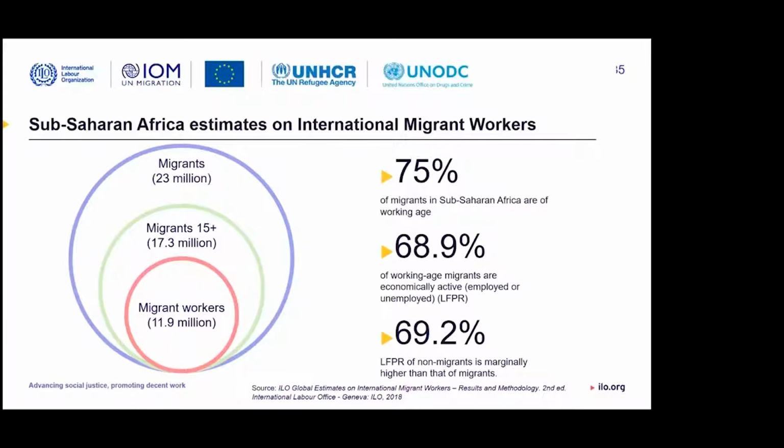Now, this is a global report produced by ILO headquarters together with the Statistics Department and the Migration Department. The African Union Commission itself has also produced a report, and I'm sure you've all seen this report and have it memorized and know very well the information in it, together with the JLMP, the Joint Labor Migration Program, which is a collaboration between the African Union, the ILO, the IOM, and UNECA, if I'm not mistaken.